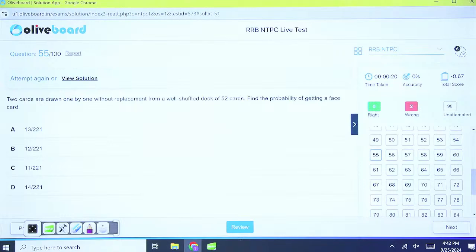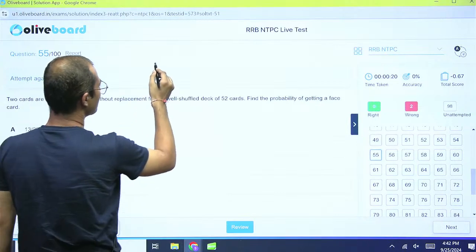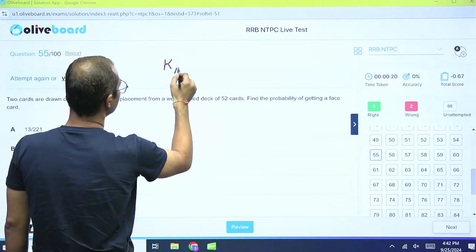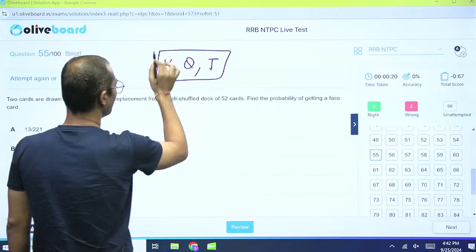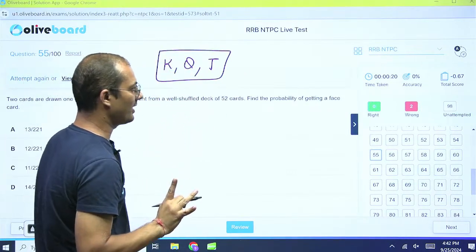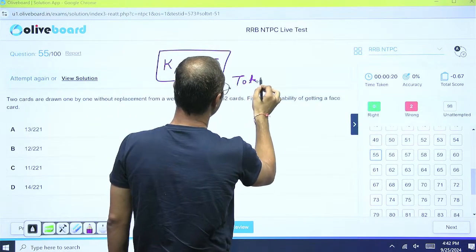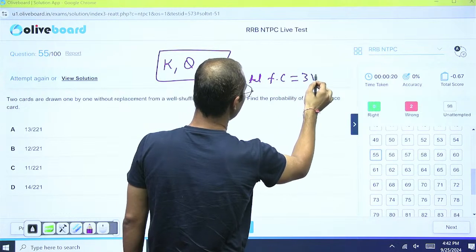See, the face cards are king, queen and jack. So in one suit we have only 3 face cards, right? There are 4 suits, so the total face cards would be equal to 3 into 4.